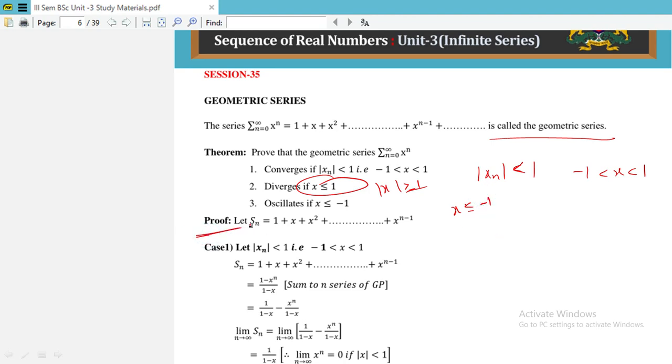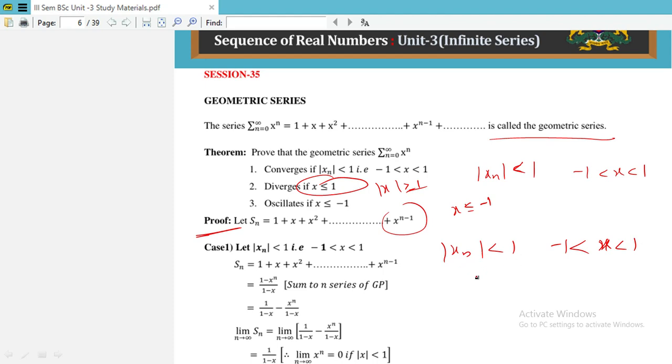Proof. Let Sn be equal to 1 plus x plus x square and so on, up to x raised to n minus 1. First condition: modulus of x less than 1. That means x lies between minus 1 and 1.